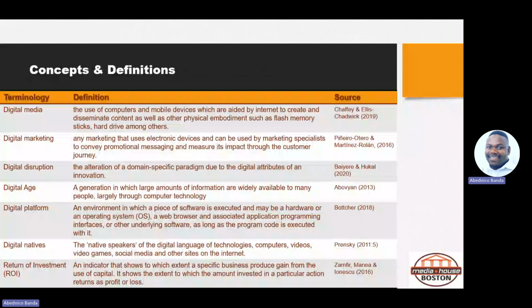I believe that you have come across these concepts on several occasions, not only in digital marketing, but in other related fields, such as corporate communication, public relations, journalism, even disciplines that have nothing to do with communications. Some of these will be covered in detail as we progress with this lecture.